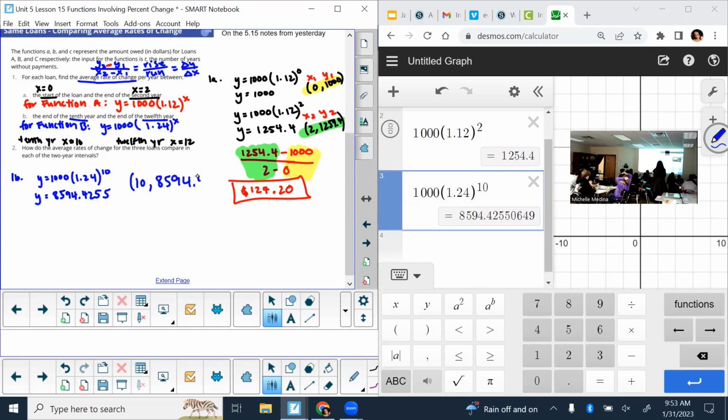Okay, good. So the input that we decided we needed to check, since they want it at the end of the 10th year, so X would be 10, and that Y value when X is 10. All right, good. Table 5, what would I do next?